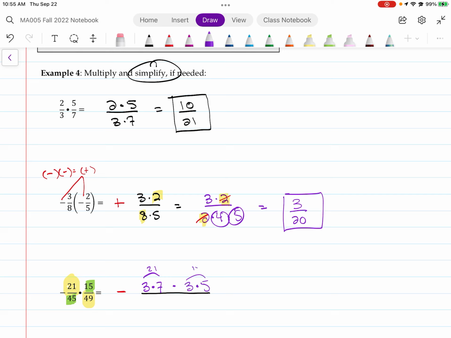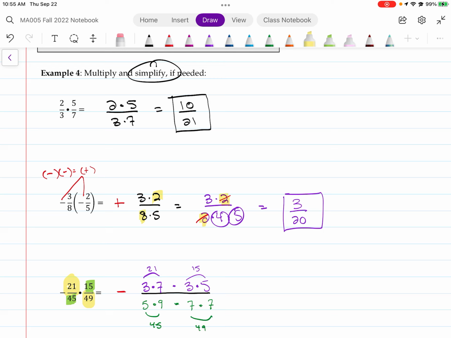On the bottom I've got 45, which is 5 times 9. You don't have to do the 21, 15, 45 part. I'm just making sure you're following me. Or the 49 is 7 times 7. There's my 7s.